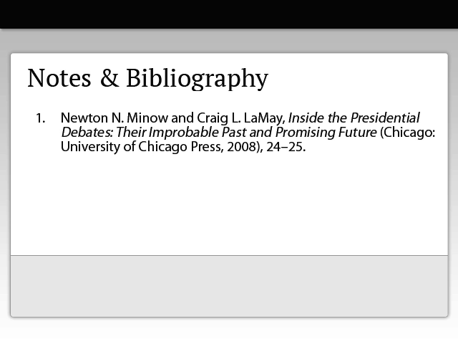Remember that no punctuation appears between the title and the publication information other than an opening parenthesis. But a comma does appear after the closing parenthesis. The last element is the page number or the page range that you are citing. No letters, only numbers. Then end with a period.